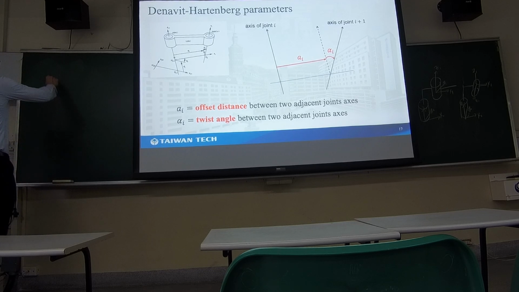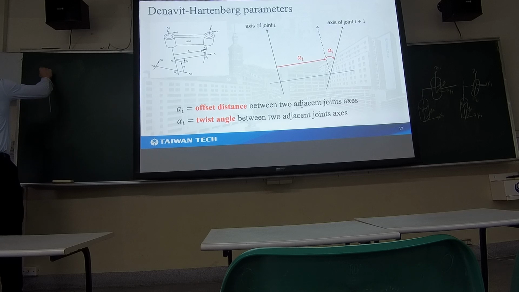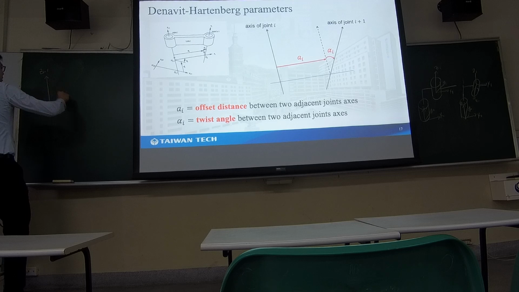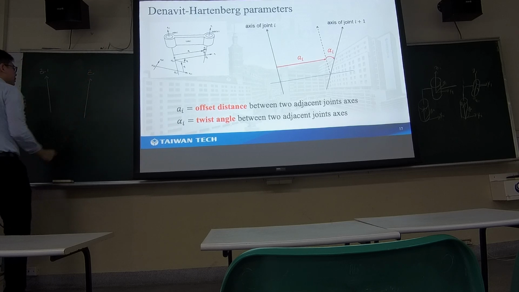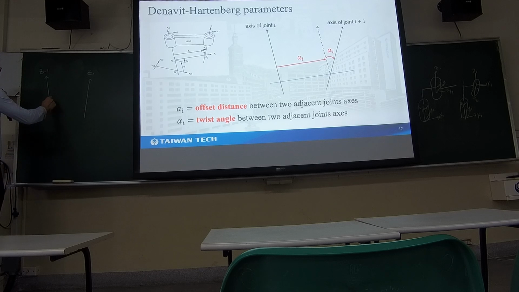Basically, this is the z i minus 1 axis, and this is the z i axis.